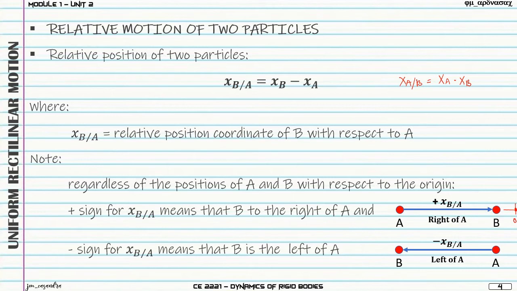So kahit na nandito yung origin natin and your particles are on the positive side or positive direction, as long as B is on the left side of A, your XBA will always be a negative value. Okay?